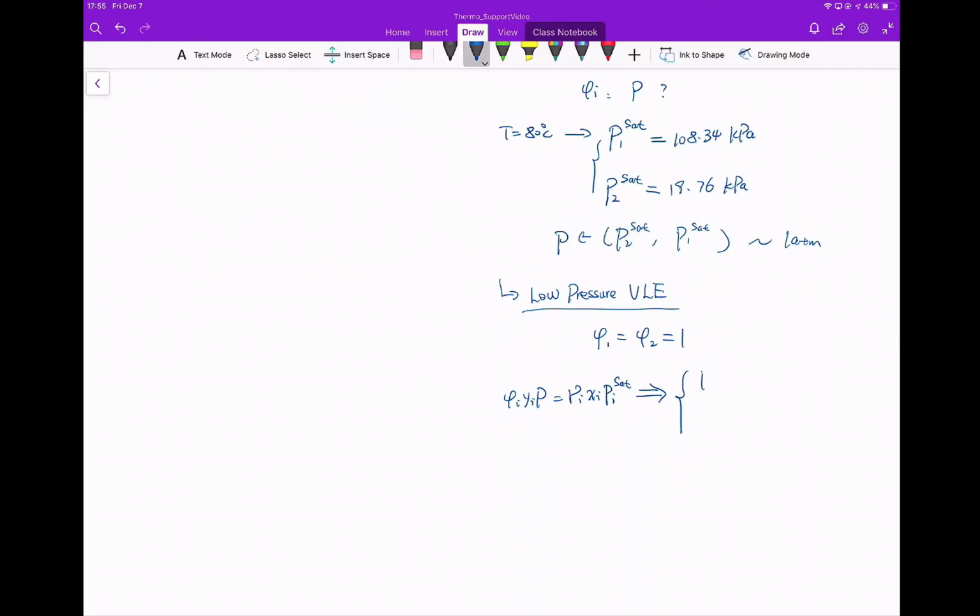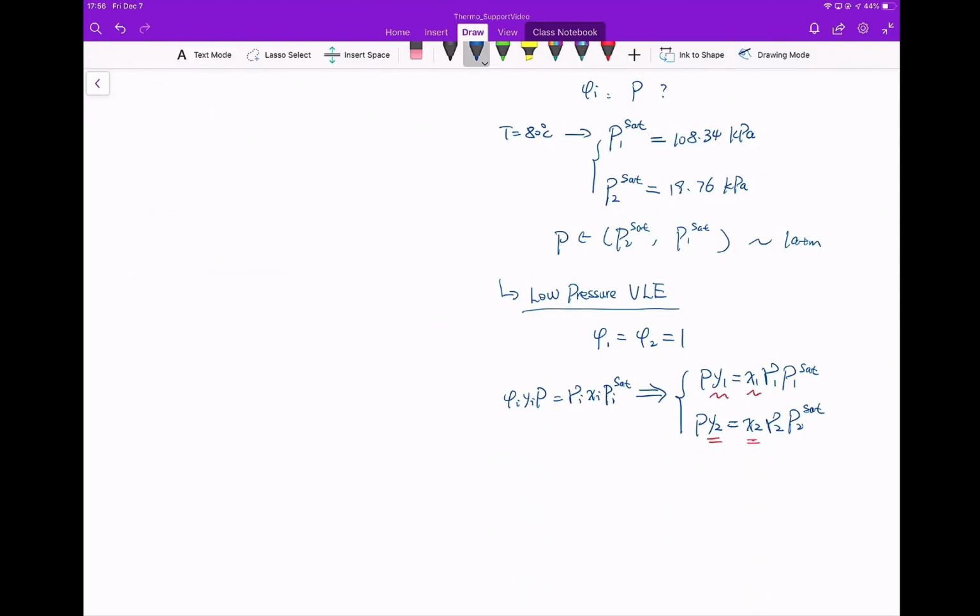For component 1, this is P y1 equals x1 gamma 1 P1 sat, and I have the same equation for component 2, P y2 equals x2 gamma 2 P2 sat. Now x1 is the same as y1, x2 is the same as y2.